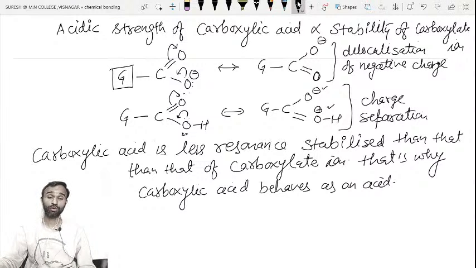Which type of groups decrease or stabilize the negative charge on the carboxylate ion?